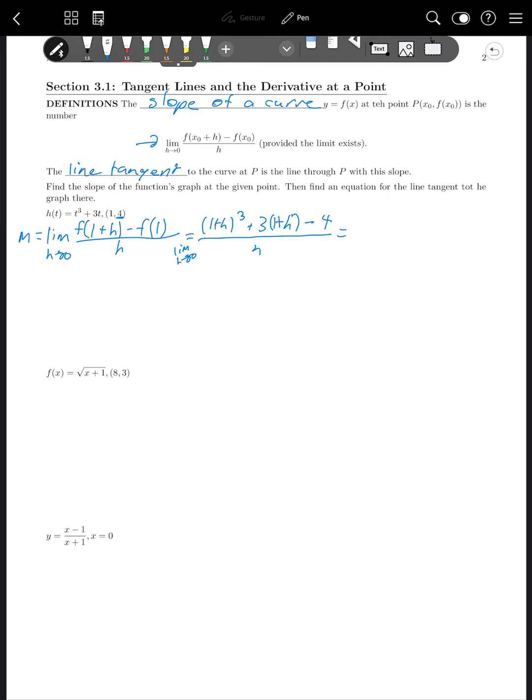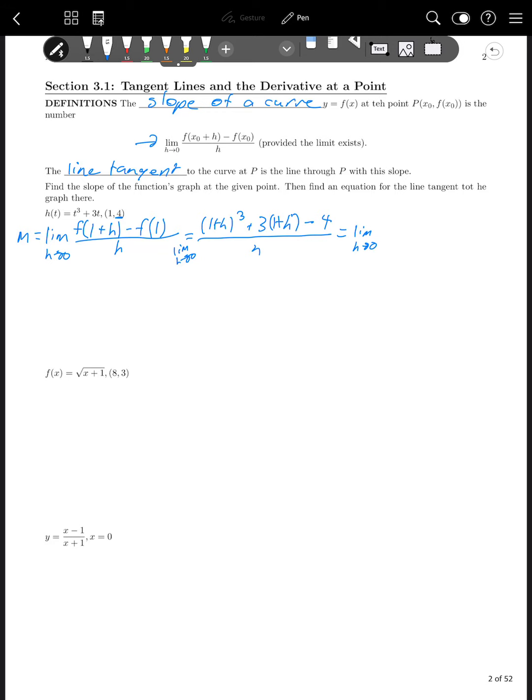Okay, so now what we want to do is multiply this all out. Multiply out 1 plus h cubed and 3 times 1 plus h. I'm going to go ahead and just do that, but if you wanted to check what I'm doing, you could. Just remember that 1 plus h cubed is equal to 1 plus h times 1 plus h times 1 plus h.